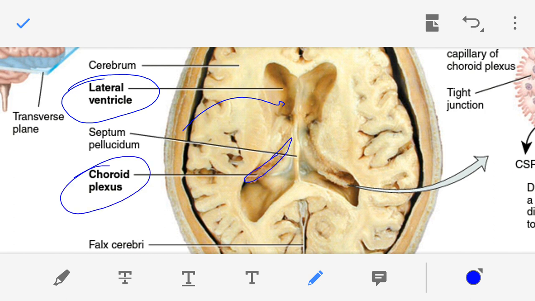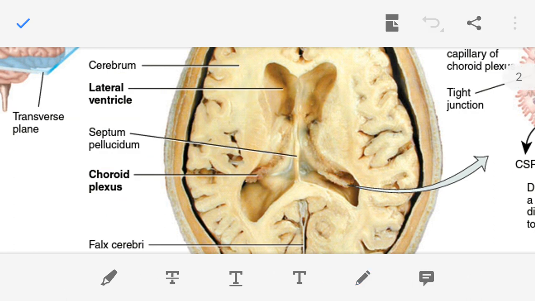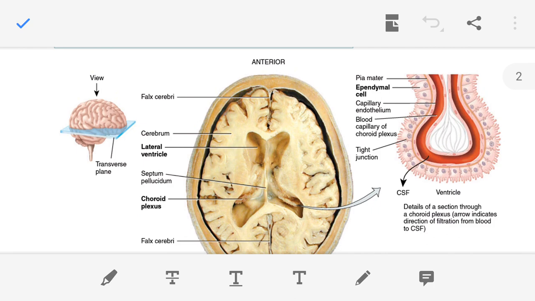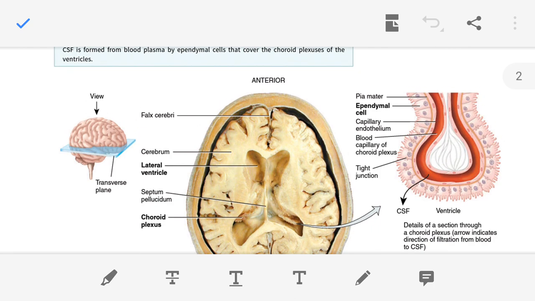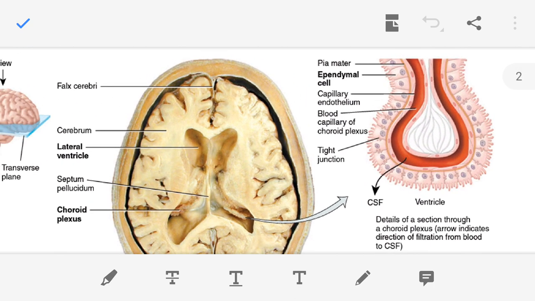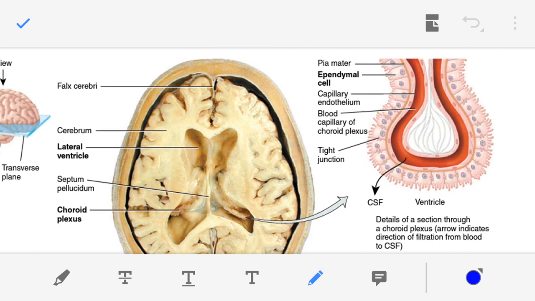This is the choroid plexus, and this one, choroid plexus. And now we are zooming in on one section of choroid plexus. So see, first, this red in color is the blood capillary of choroid plexus.